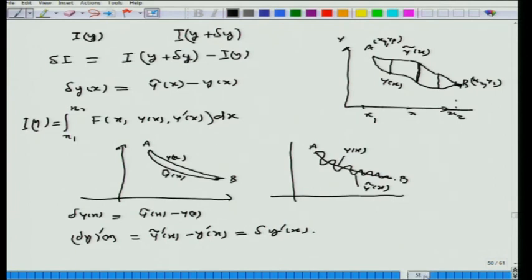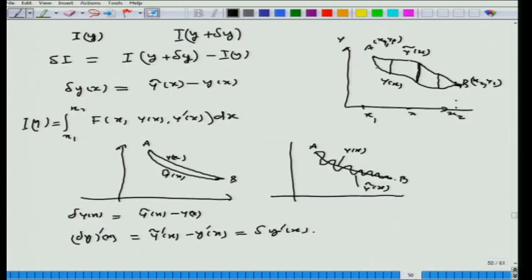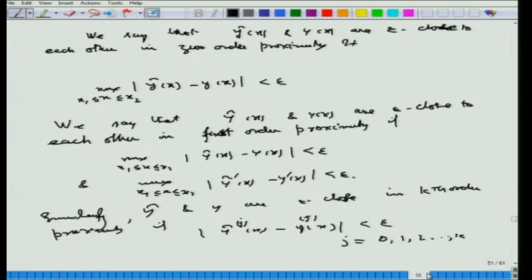So, that is how it is defined in this case, and since here the concept of nearness of y and y tilde has to be made precise, that is what we do in the following manner. We say that these two functions y and y tilde are epsilon close, epsilon being a positive quantity, epsilon close to each other in the zero order of proximity.